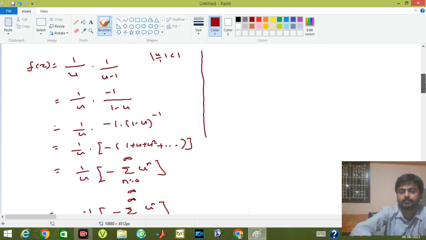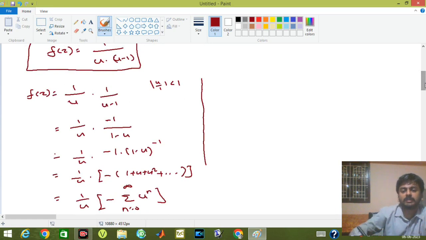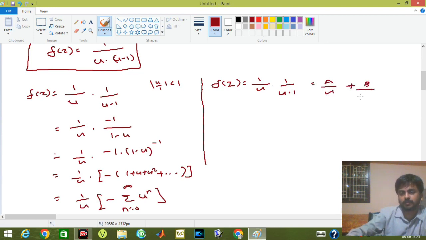See, I am considering the given f of z equal to 1 by u into 1 by u minus 1, that is equal to a by u plus b by u minus 1. I am taking a into (u minus 1) plus b into u equal to 1.